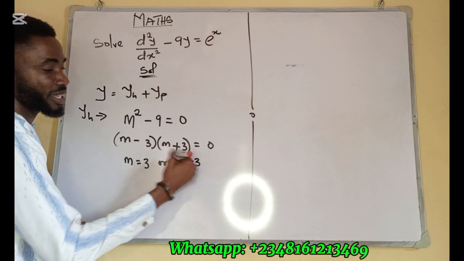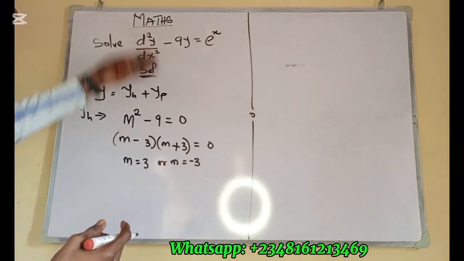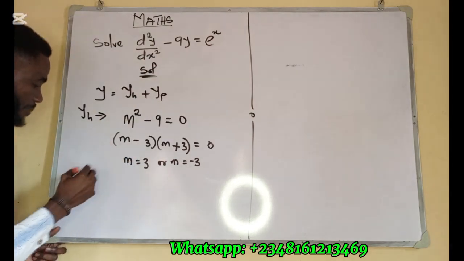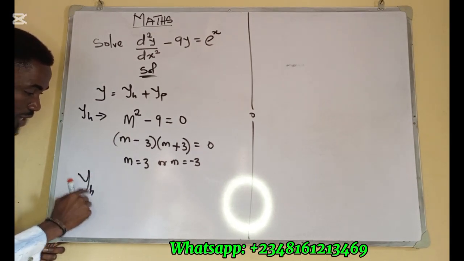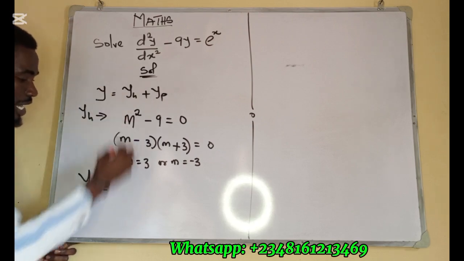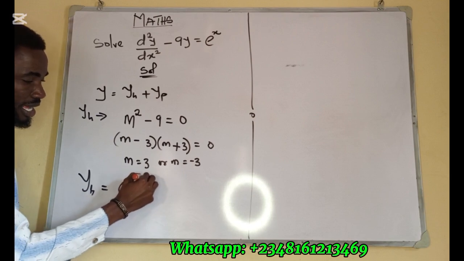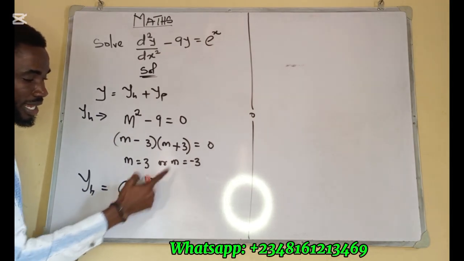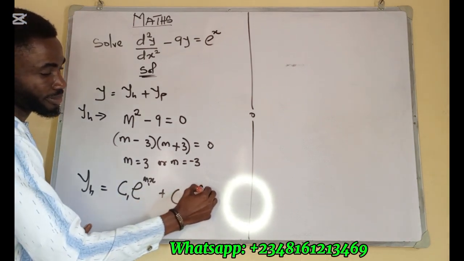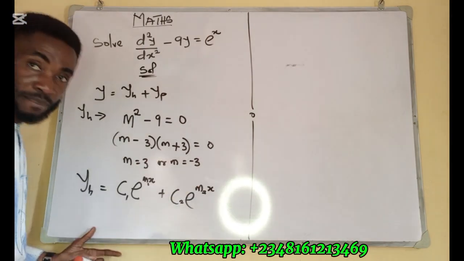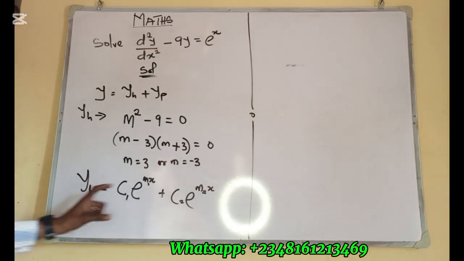Exactly. So by virtue of the constant coefficients, my homogeneous part, y homogeneous, will now be equal to c1 exponential m1x plus c2 exponential m2x. Exactly. So this is the pattern by which we represent the homogeneous part.